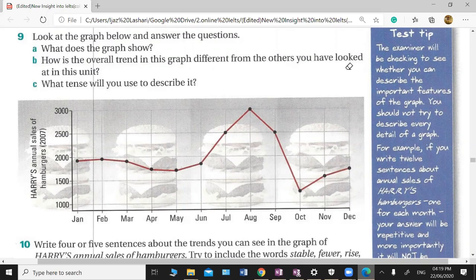But then he sells 1,600, 700. One month he sells 3,000. What can be the average? If you are good at maths, you can give some kind of averages, comparisons, increasing, falling, but at the end you give an overall view about whatever you are discussing.